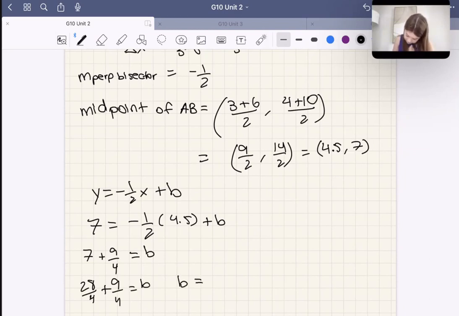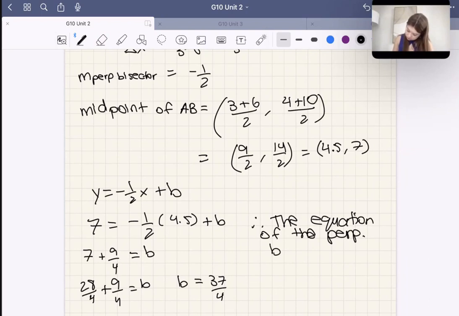So b is equal to, or not 36, sorry, 37 over 4. So therefore, the equation of the perpendicular bisector is y equals negative a half x plus 37 over 4, right?